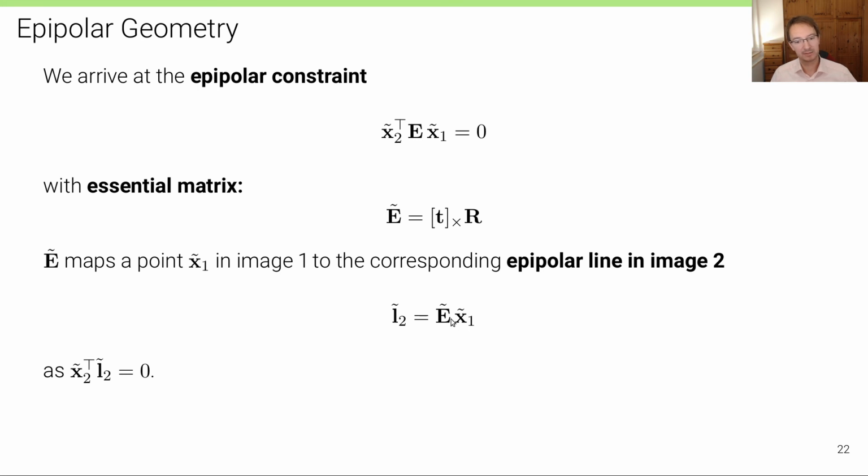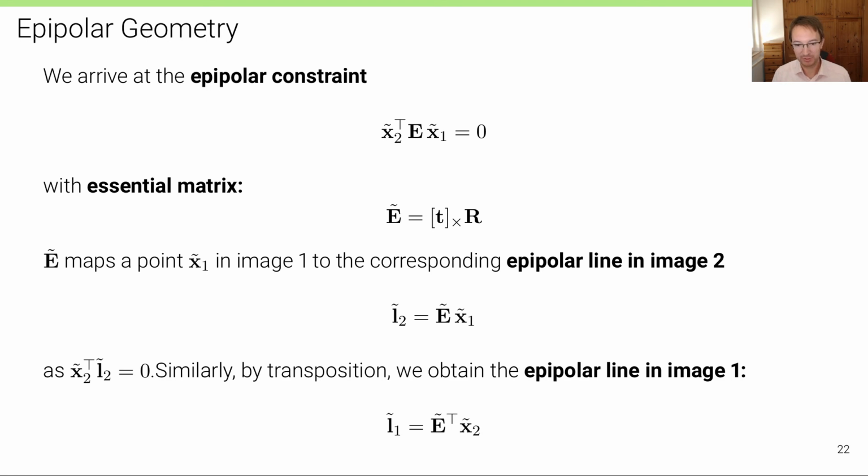And that means if I multiply to that E on the right hand side x tilde 1, then I have just the covector. We called it before the covector here, that together with another point, x2, equal to 0, represents the line constraint. All points x2 are on the line if multiplied with L are equal to 0.